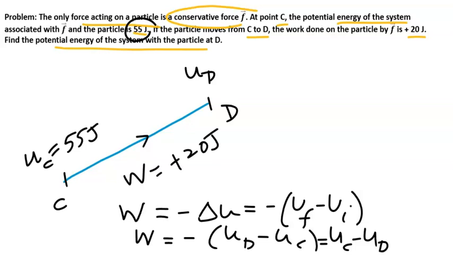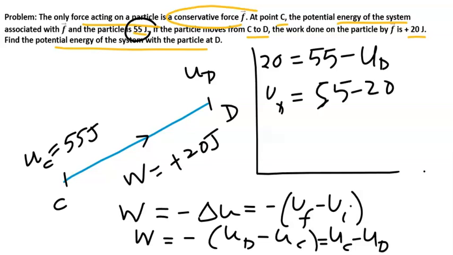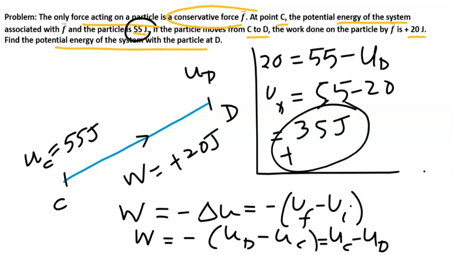So let's substitute the numbers. The work is 20 joules. It's plus 20 joules. UC is 55. UD we don't know. So you can figure out UD, and UD is 55 minus 20, and that is 35 joules, plus 35 joules, and that's the answer.